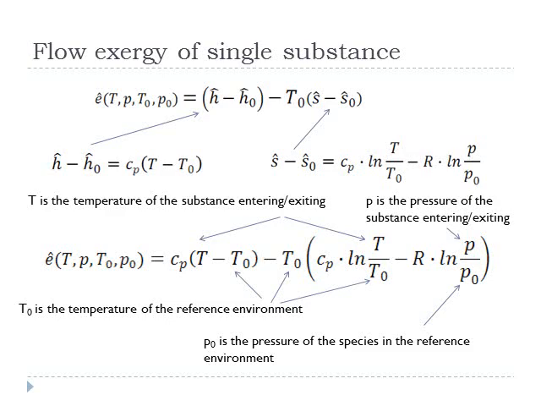Using those approximations of ideal gas and constant specific heat, we get C sub P times T minus T naught, minus T naught times the quantity C sub P times the logarithm of T over T naught minus R times the logarithm of P over P naught. The naught terms are for the reference environment.